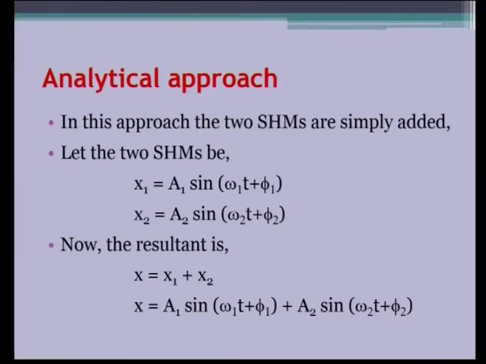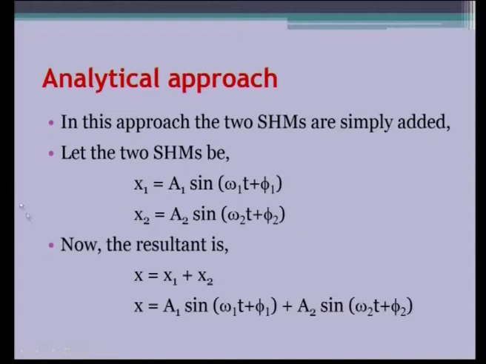Similarly, we need to have the other equations and then we have to add them all literally. That is called the analytical method. Let us see what it is. There is a general example given, the analytical approach. In this approach, the two SHMs are simply added. Mathematically they are added, that is it. Let the two SHMs be taken like this. x1 is one SHM which has an amplitude A1, angular frequency omega 1 and phase phi 1.